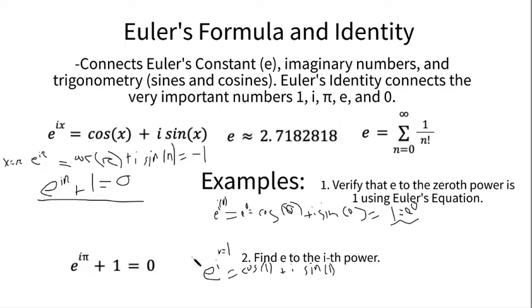Okay, so these aren't clean numbers like the other ones were. So this is equal to cosine of 1. That is a really long number, so it's about 0.54.